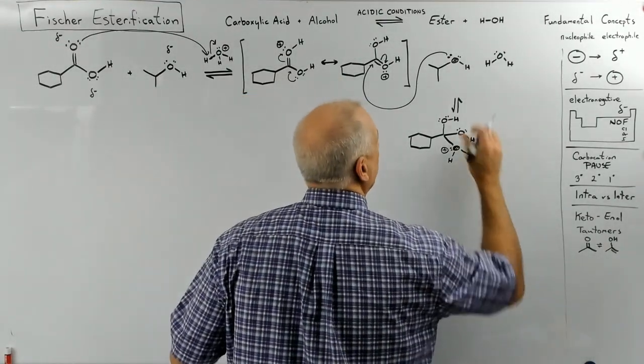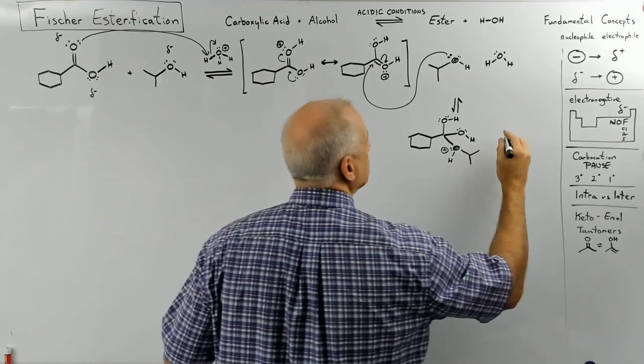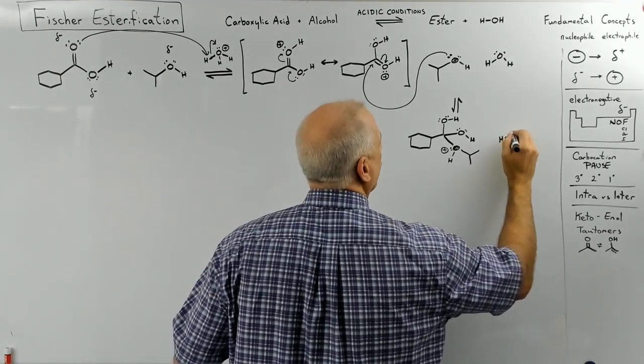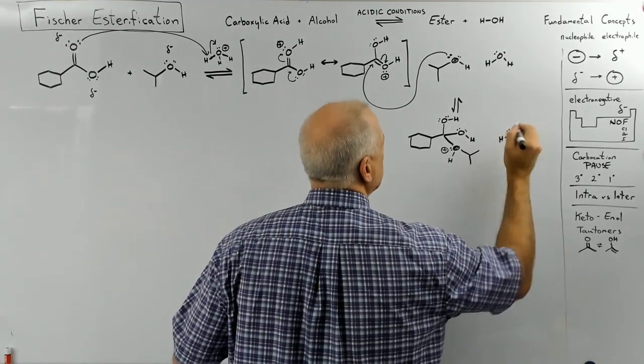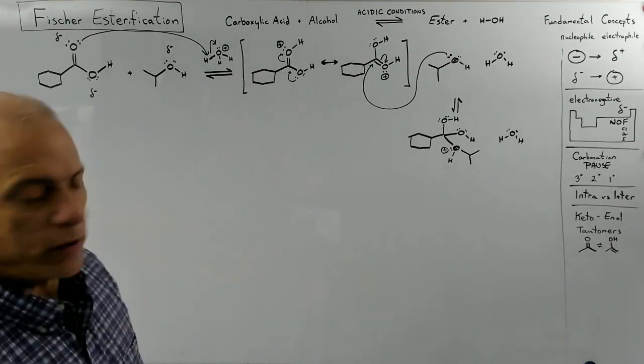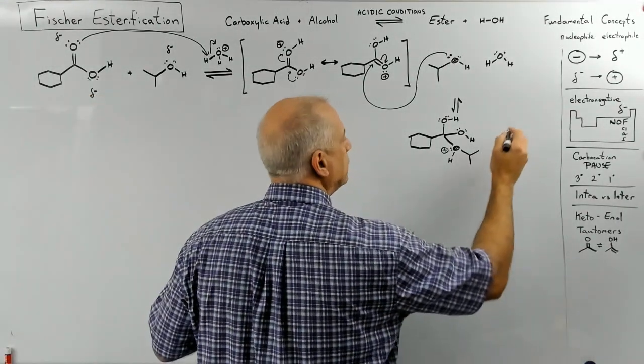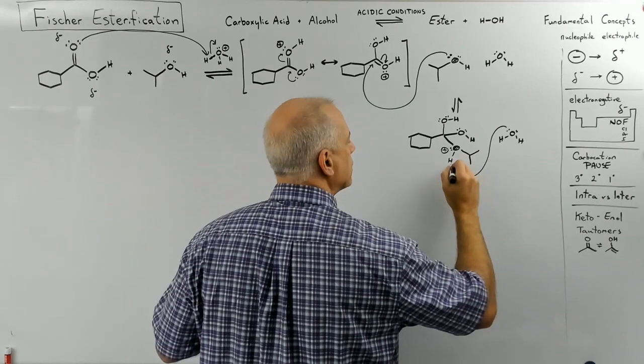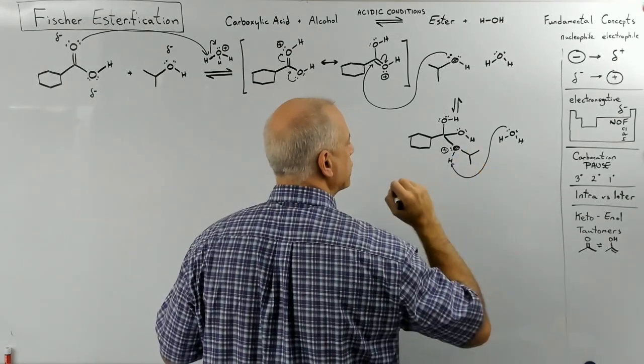At this point now, we have at least put these two molecules together. We have water from our acidic conditions. The water is going to go ahead and deprotonate that oxygen right there.